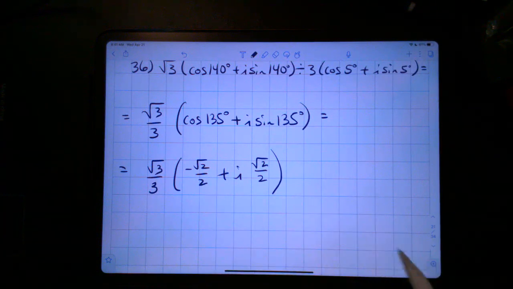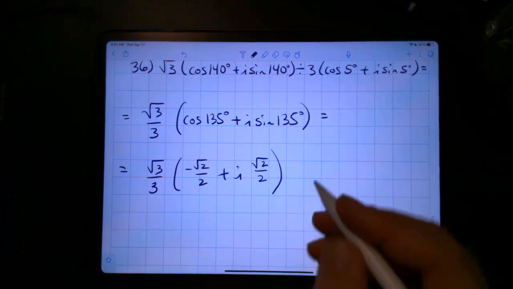Cosine of 135 is negative radical 2 over 2, and sine is positive radical 2 over 2.